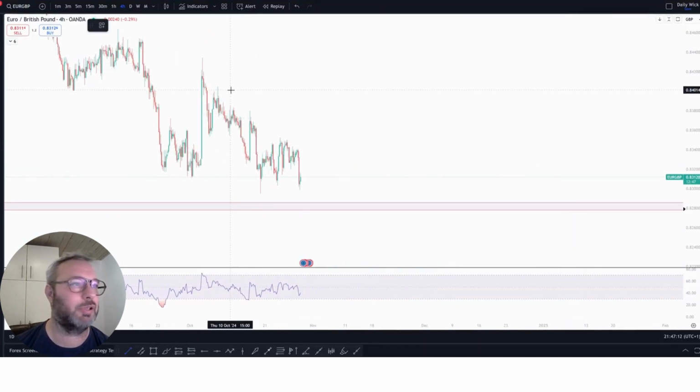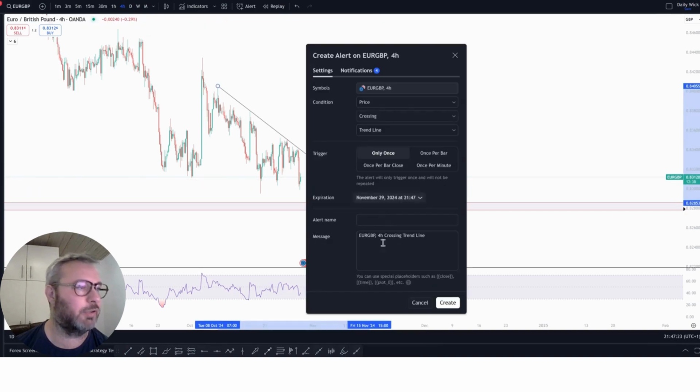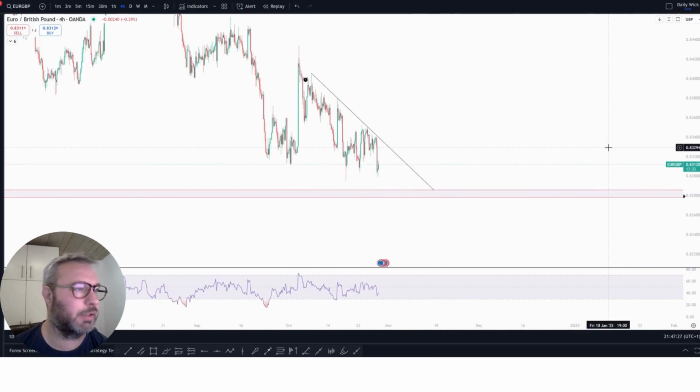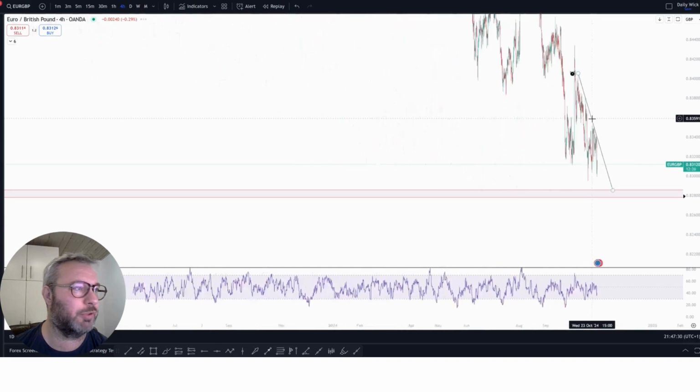Let's see what the trend line looks like. Start here. Like this. I'll give an alert. Where's the first support?